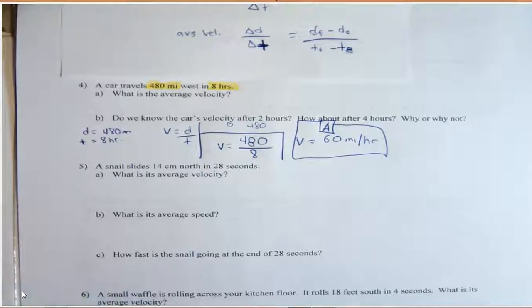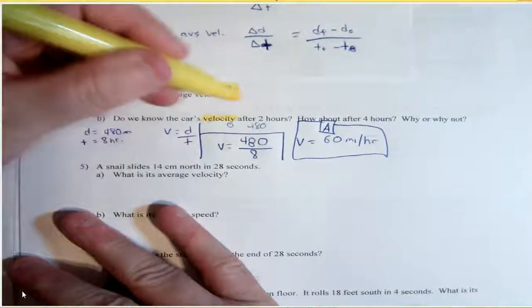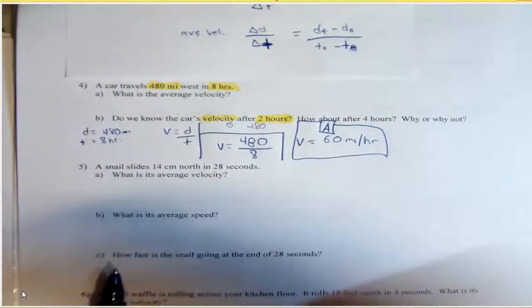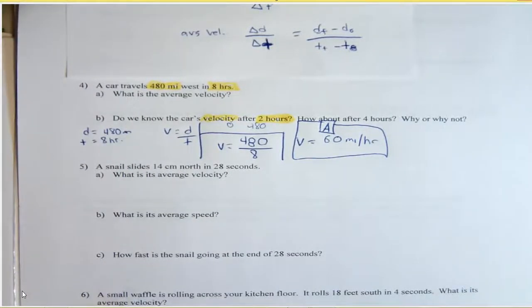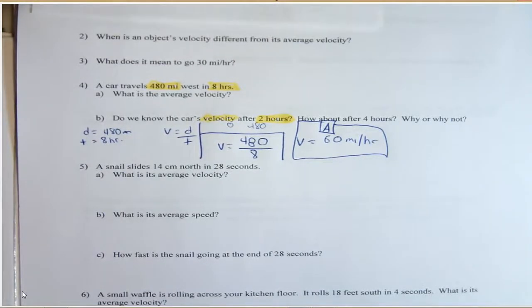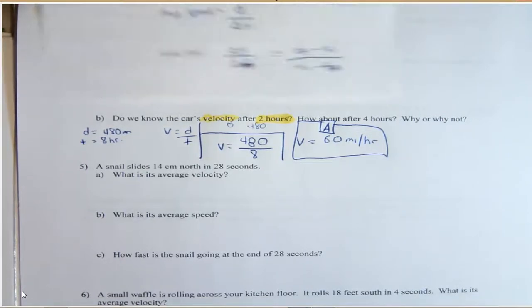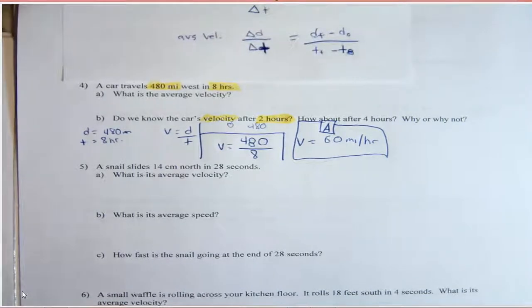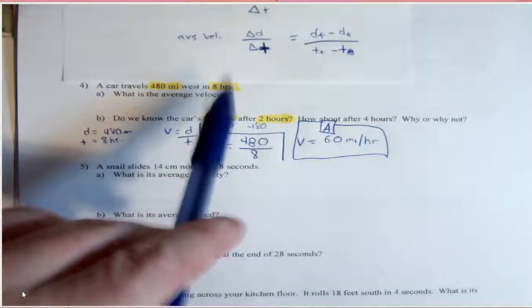Now, next question. Do we know the car's velocity? Let's highlight that because there's a lot of stuff going on here. Do we know the car's velocity after 2 hours? How about after 4 hours? Why not? Okay, so remember, this is very similar to number 2 that we did, because average velocity just means about how fast it was going during this time.